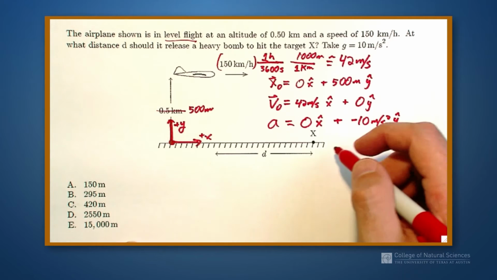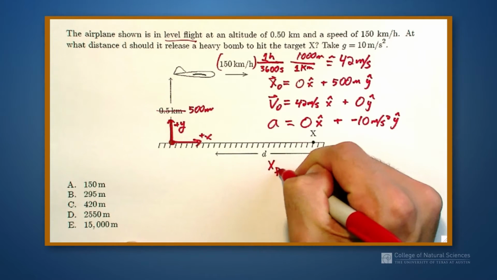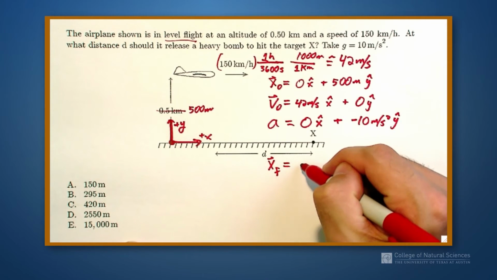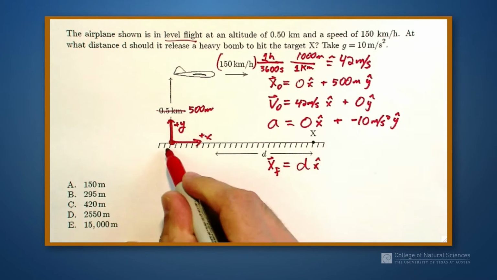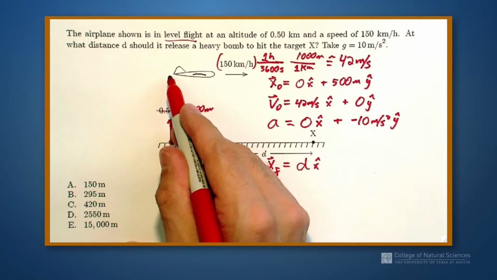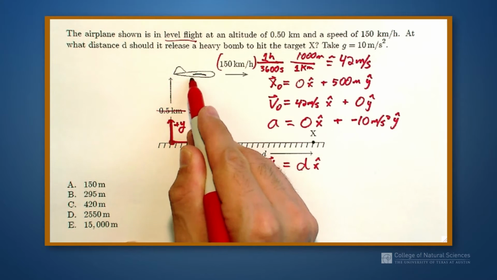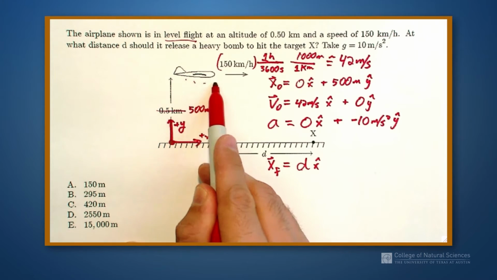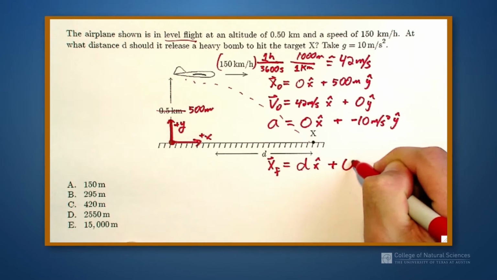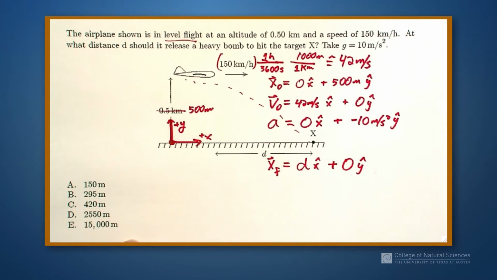And last but not least, I'm going to look for my final position. This is the one I really don't know. This is going to be d in the x direction. Start at 0, I go a distance d, so this is the value I want to find. And when I'm at the end, this bomb has tracked all the way down and ends up at 0 height, so 0 in the y direction.